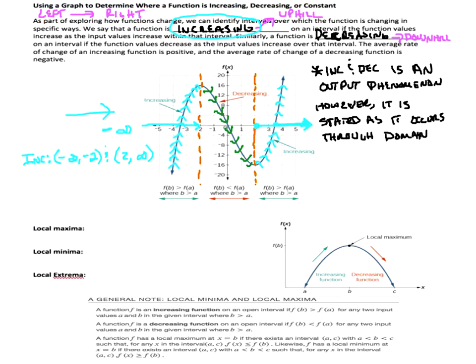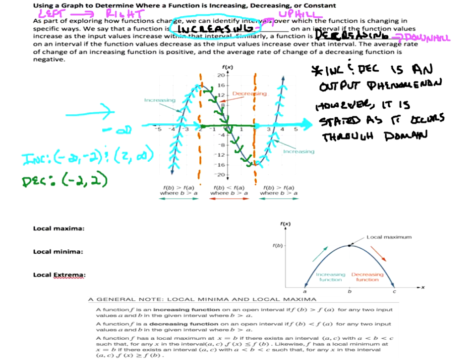I'm decreasing here, which starts at -2 and runs through +2. So I'm stating it as it occurs through the domain. I only have one decreasing interval, and that's from -2 to 2.